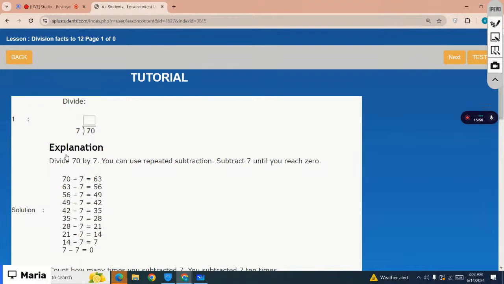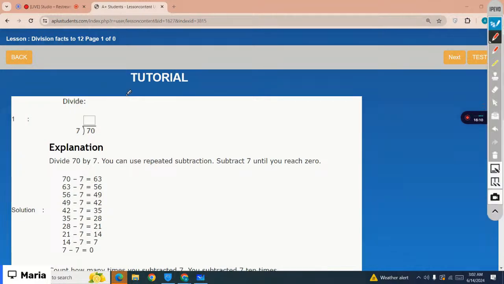Basically, division is the same as repeated subtraction. You have to subtract the same number again and again until you have 0. So you need to subtract 7 from 70 every time.